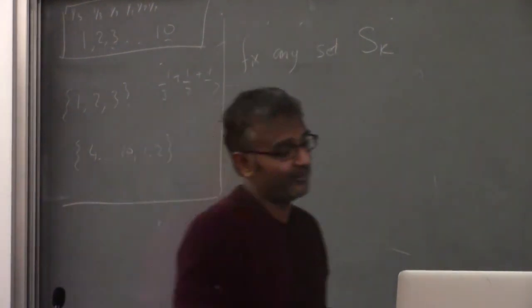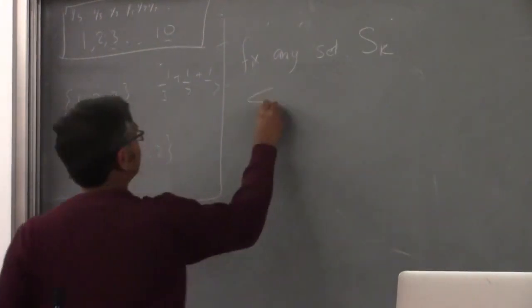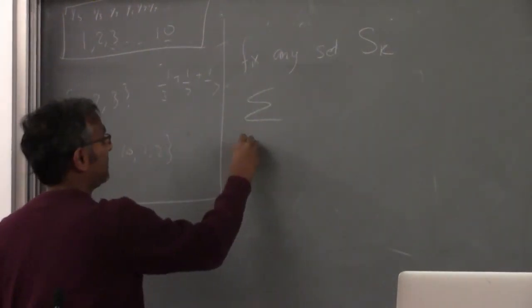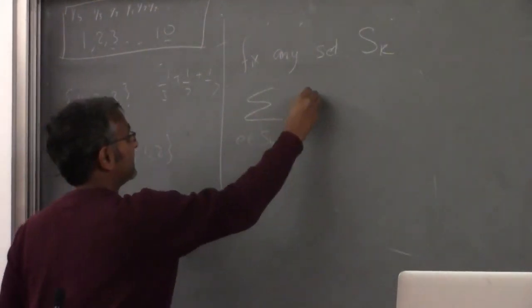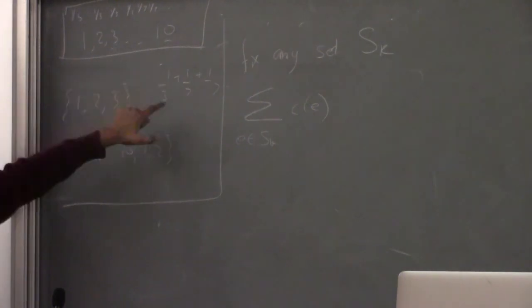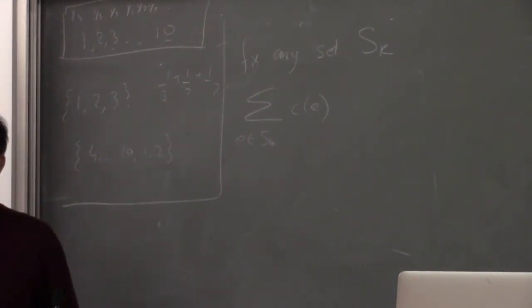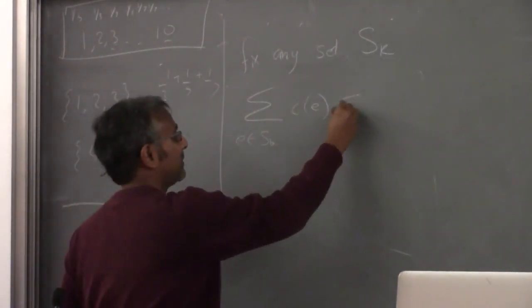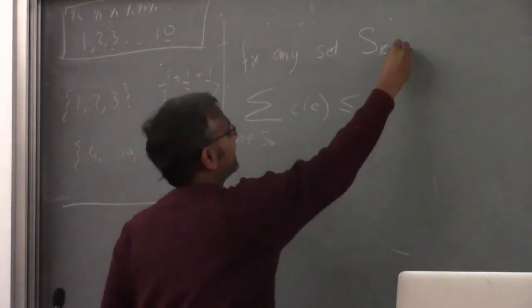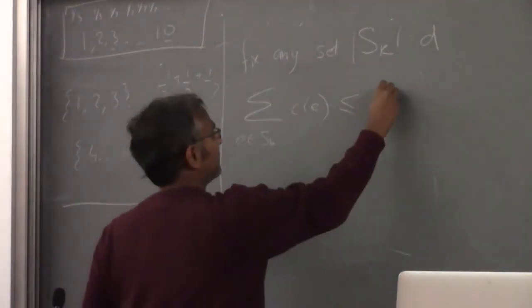So the cost of the elements in this set is basically the sum over all elements belonging to S_k of C of E. Just like I said, if you took the set 3, 7, 10, I just added these values here. I want to give an upper bound on this value. So I'm going to say this is less than or equal to, and let's say S_k has size D. So this is going to be less than or equal to H of D.